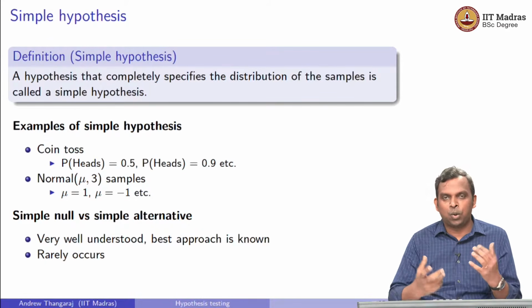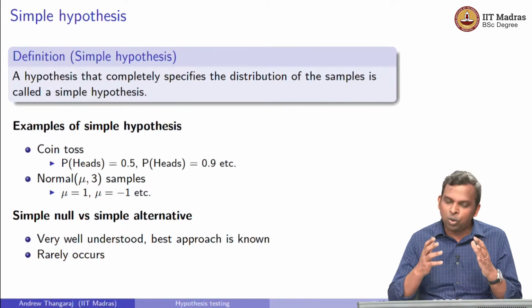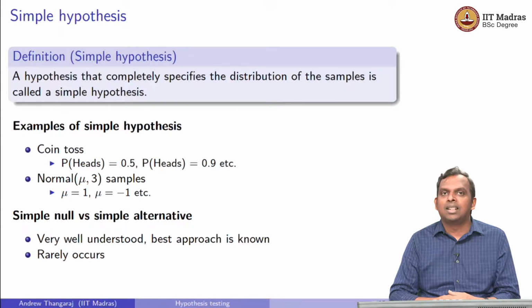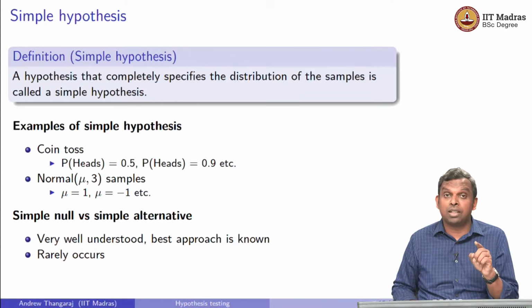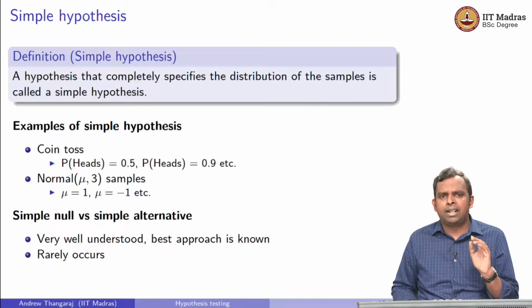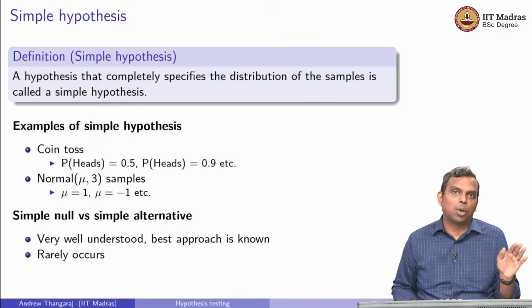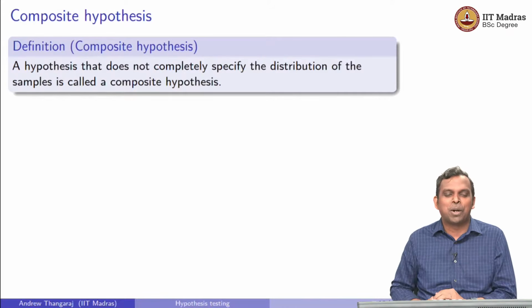It's always good to have a problem where you know the answer completely and well. So that's a nice thing. What we will look at next are maybe not so simple, but nevertheless it's good to know the simple situation. This is the one type of hypothesis, the simple hypothesis, and as the word implies, if your hypothesis is simple, usually testing for it is not too complicated.